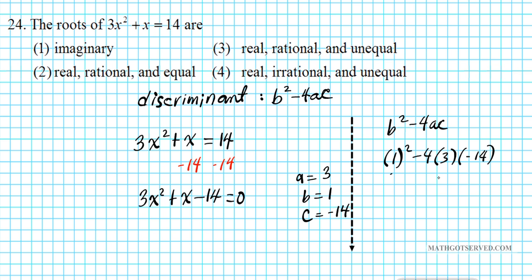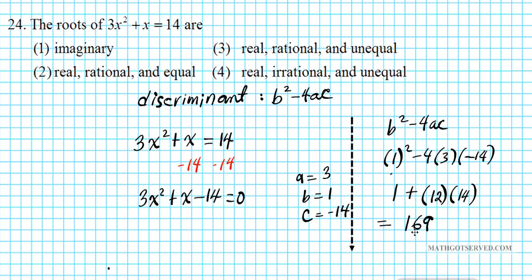Please always use parentheses. It's for your own protection. It prevents you from making errors with signs and order of operations. Simplifying, we have 1, and this minus times this minus makes a plus, 4 times 3 is 12, times 14. If you plug that in your calculator, you get 169.